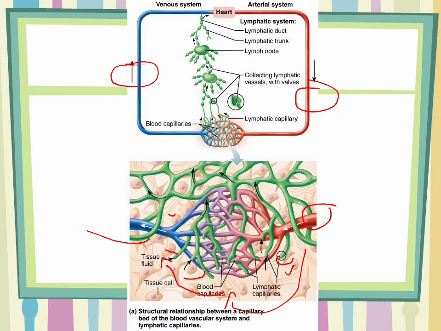The reason these capillaries are here, and specifically the green ones, is because they pick up the excess of fluid that is filtrated and excreted by our other capillaries, because they carry nutrients, they carry gases, but the fluid also cannot linger there forever, so it needs to be picked up.